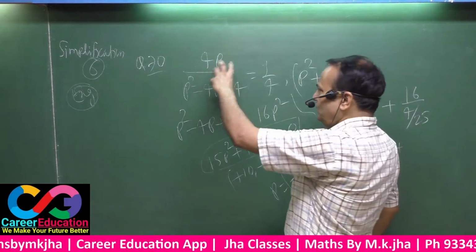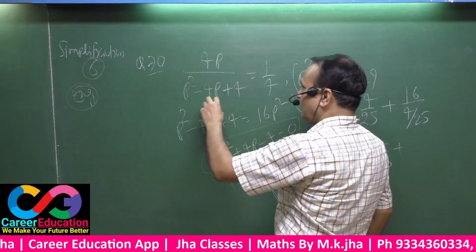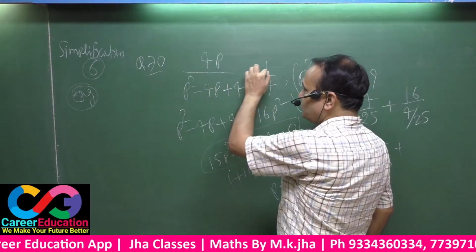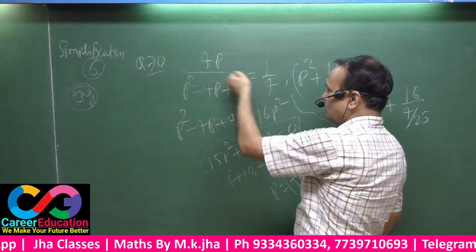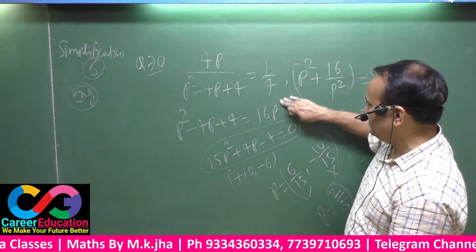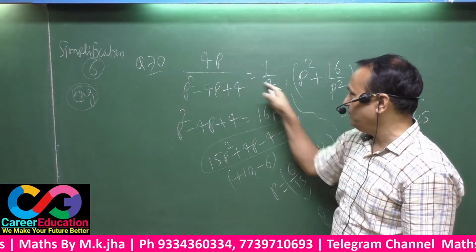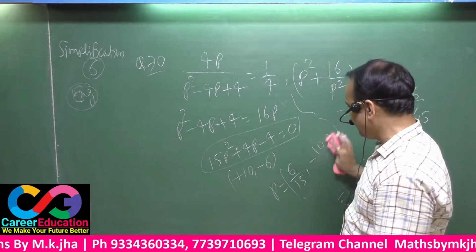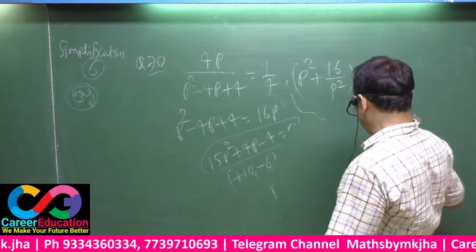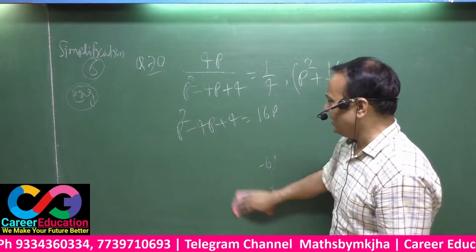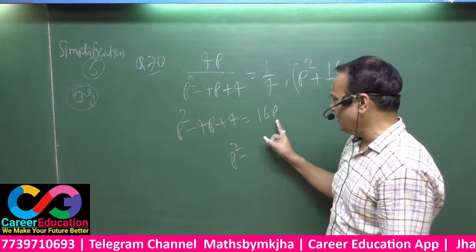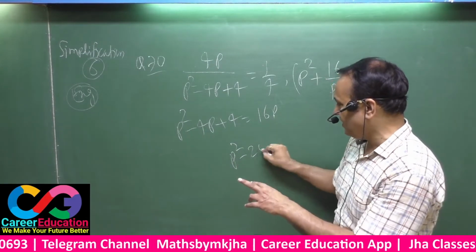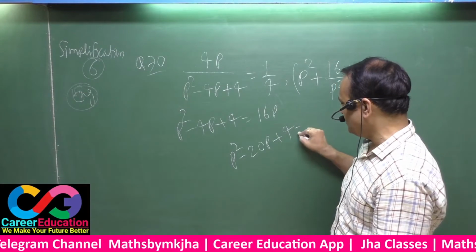That means if you cross multiply here, this is p square minus 4p plus 4. This is 16p only. The mistake was there, 16p. Now see here, 16p. The next step is p square minus 16p minus 4p plus 4 equals 0.